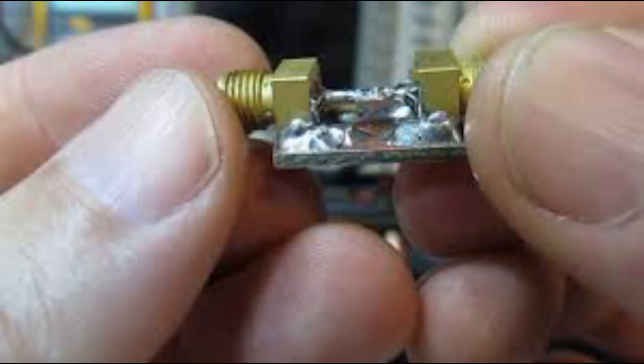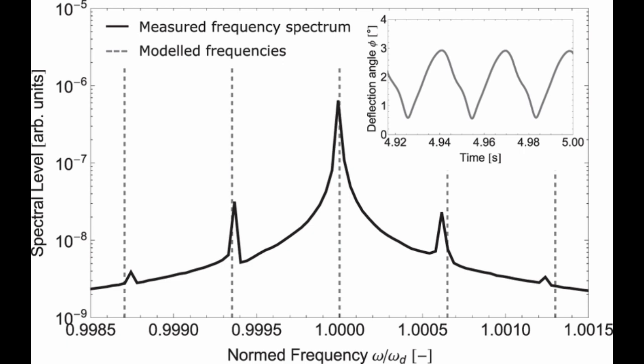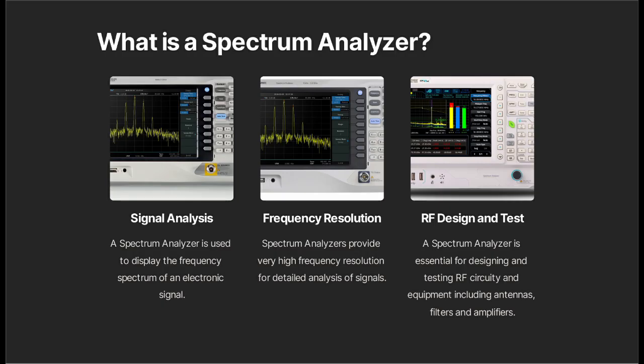RF circuit is nothing but a radio frequency circuit, and in that the frequency is very high. To analyze all the frequencies, their behavior, their changes and their spectrum, their amplitude, everything you can identify and measure. So for equipment including antennas, and for designing filters and amplifiers, the spectrum analyzer is very important.